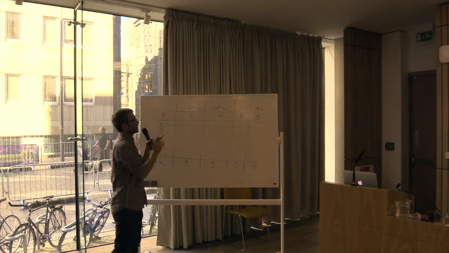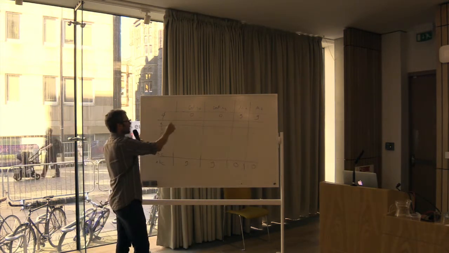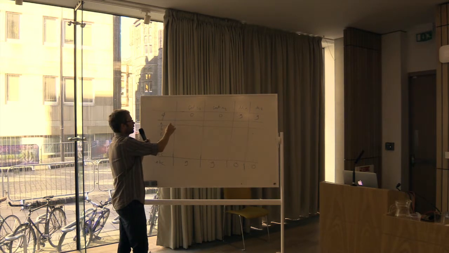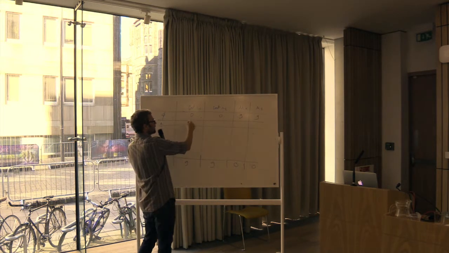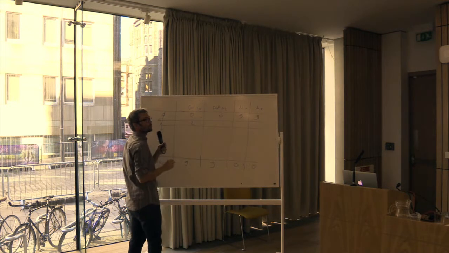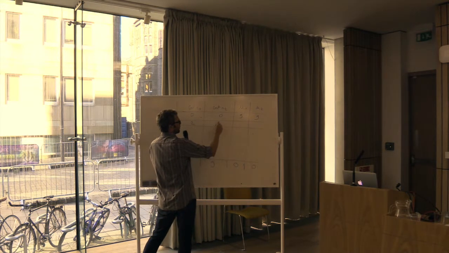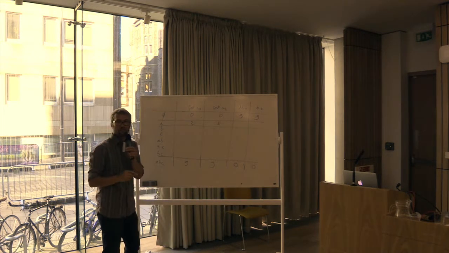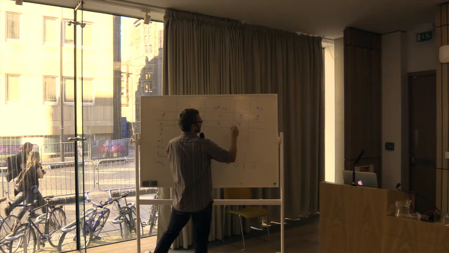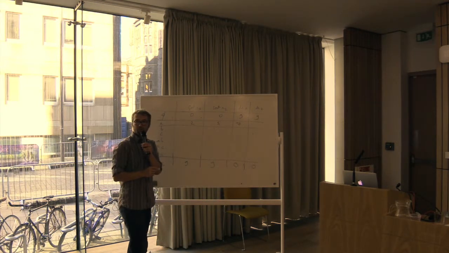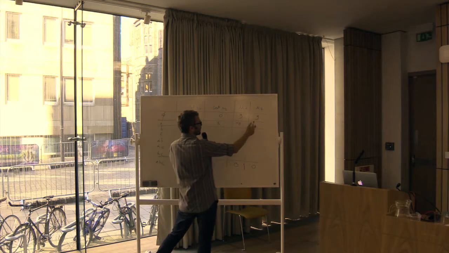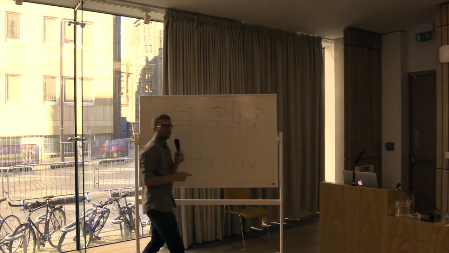If robot 1 has to clean area A, that costs 2. If robot 2 has to clean area A, that costs 5. Okay, and so here the utility is 7, and here it is 9 minus 5, that's 4.